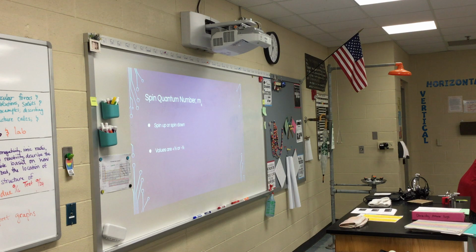The second set is negative 1/2. This negative 3 goes with this element right here. This negative 2 goes with this element right here. Okay? And the first half is going to be positive 1/2, the second half will be negative 1/2.